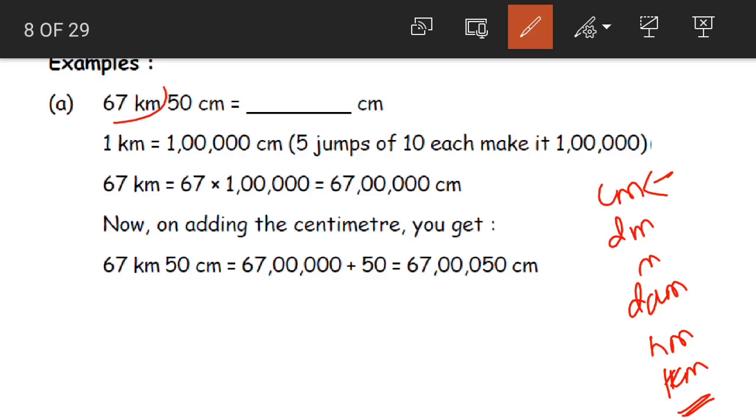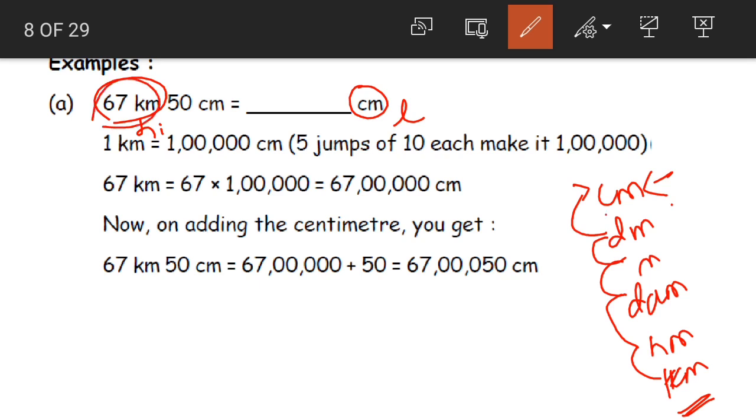We are converting kilometers, that is a higher unit of measurement, into centimeters, that are lower units of measurement. So how many jumps do we need? 1, 2, 3, 4 and 5. We need 5 jumps to reach our centimeters.